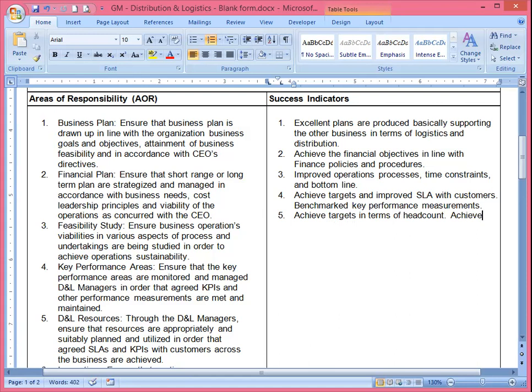Always about achievement. It's all about achievement, right? So achieve manpower. Well, what's manpower? Manpower efficiency, of course. You have to measure manpower efficiency and utilization. Okay.